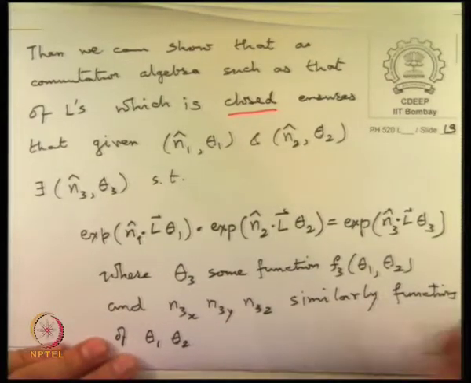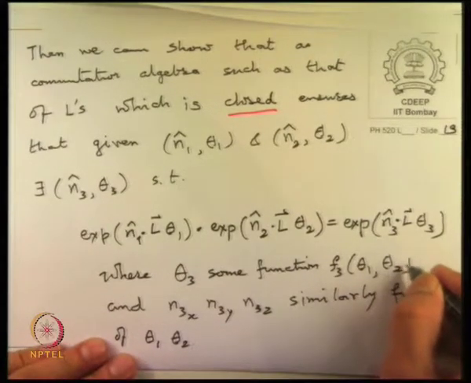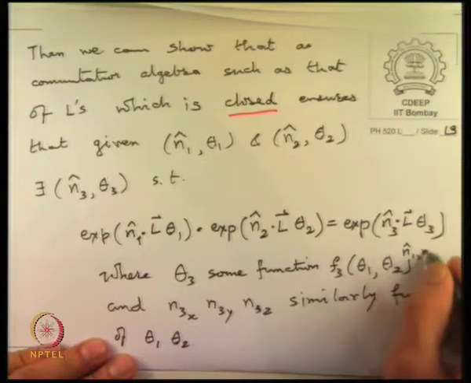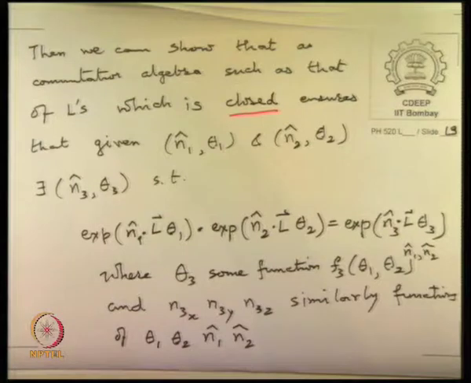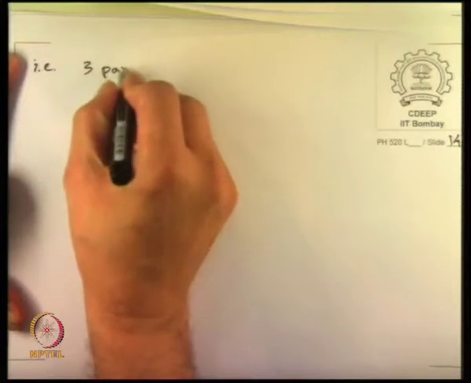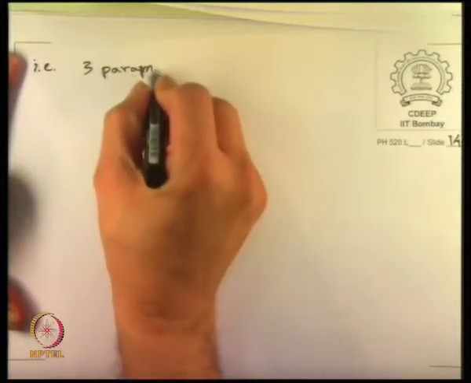So the parameters: there are effectively three parameters. There is a unit vector in 3 dimensions, so it has 2 parameters, and there is an angle. So there are 3 parameters, and these 3 parameters are functions of these 6 parameters. That is the statement.